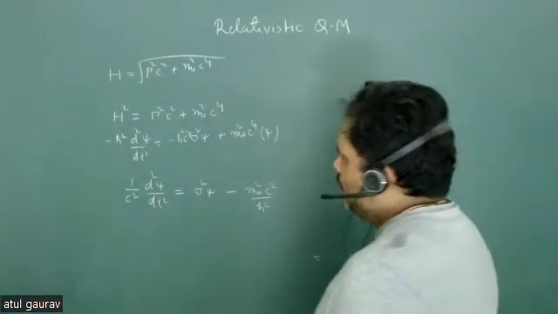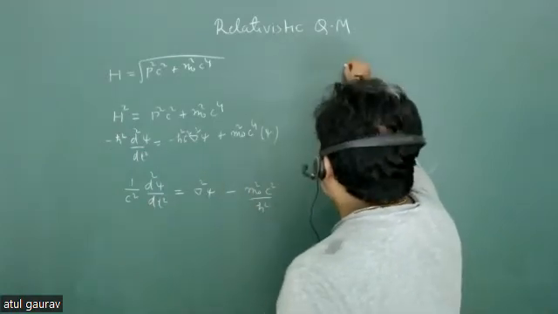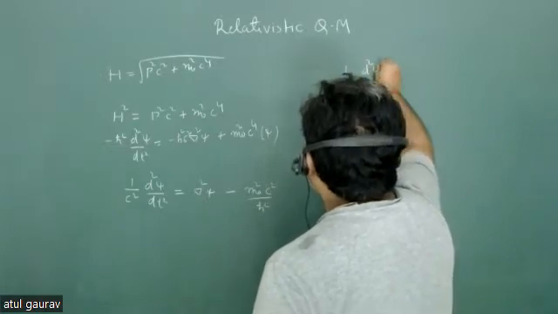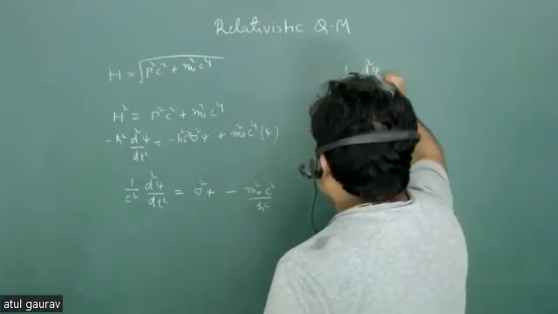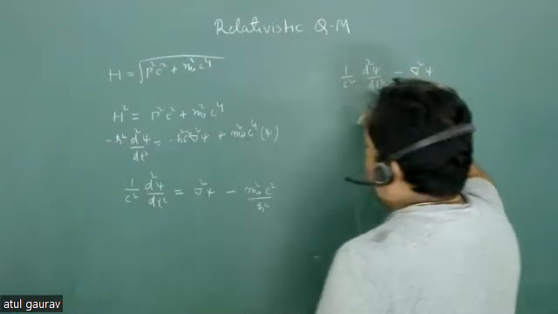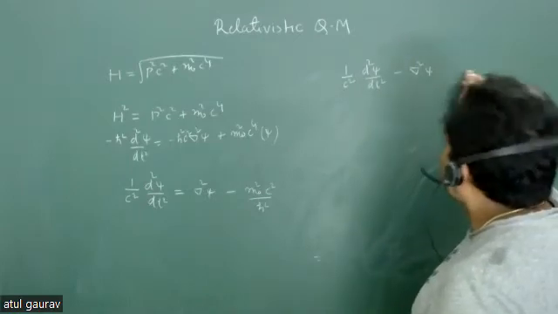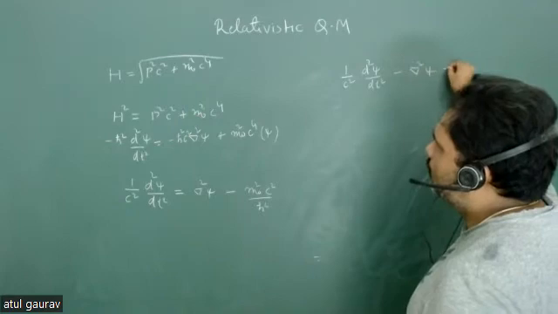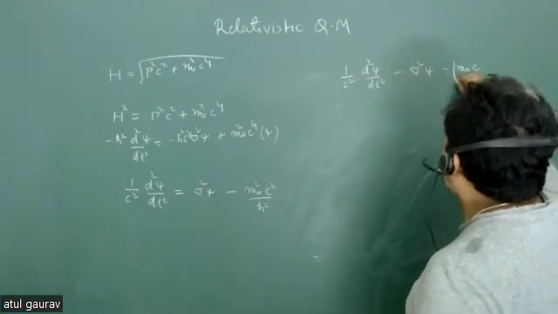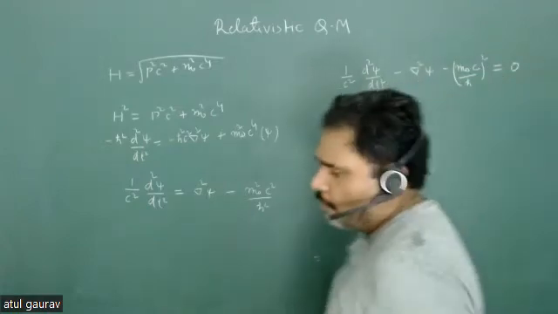है ना? And now the complete picture can be written as 1 upon C square d square psi upon dt square minus del square psi must be equal to, and you can take this in this direction also. So this value is equal to m naught c upon h cut whole square must be equal to what? 0.